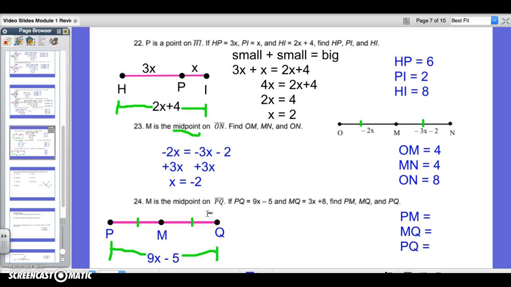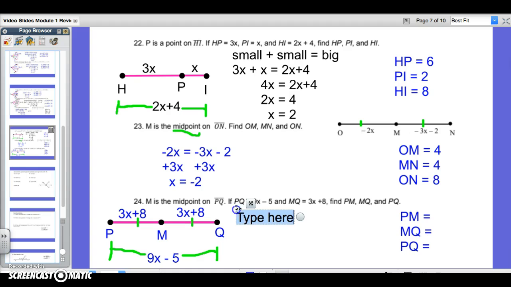There we go. And then MQ, just this part, is 3x plus 8. Now, if this part is 3x plus 8, this also has to be 3x plus 8 because they are the same thing. They are exactly equivalent because this is the midpoint. So these two segments right here are equal to each other. So if that's 3x plus 8, that one has to be 3x plus 8.